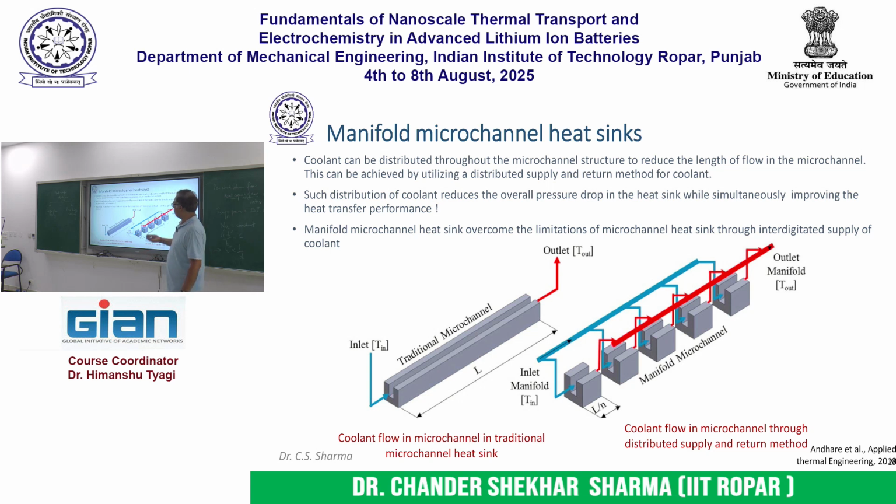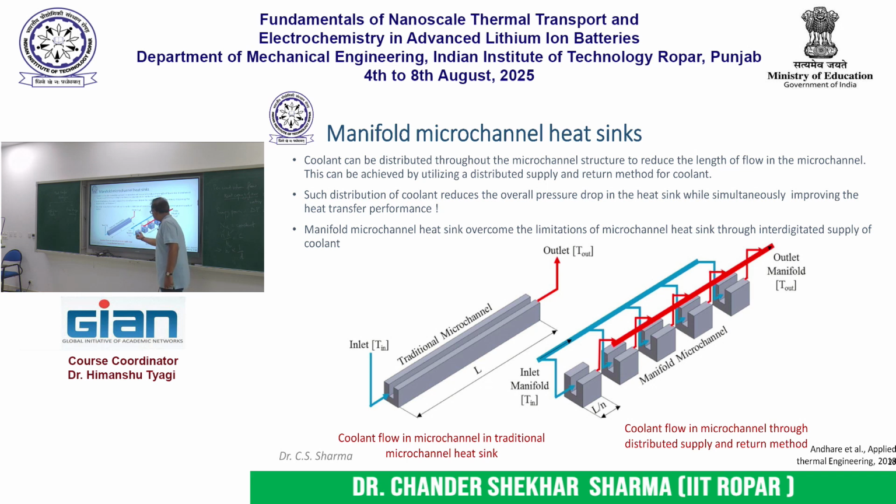So here another innovation comes in. In the traditional microchannel, the fluid enters, traverses the entire length of the microchannel, then flows out. But what we can do is let the fluid come in, then divide the fluid into multiple streams, and each stream traverses only a small distance of the channel, and then it comes out.